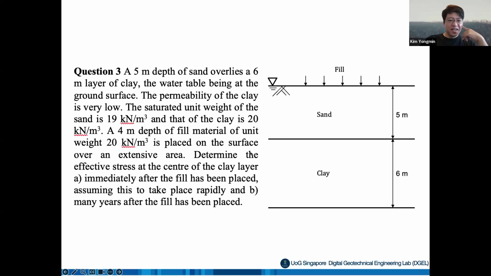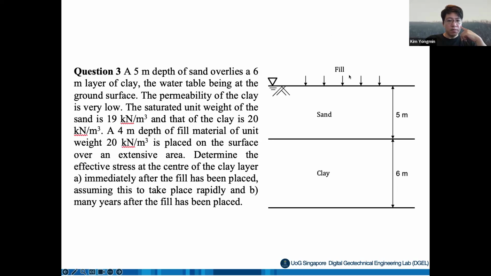Makes sense. The saturated unit weight of the sand is 19, and then clay is 20. A 4-meter depth of fill material of unit weight 20 is placed on the surface over extensive areas.